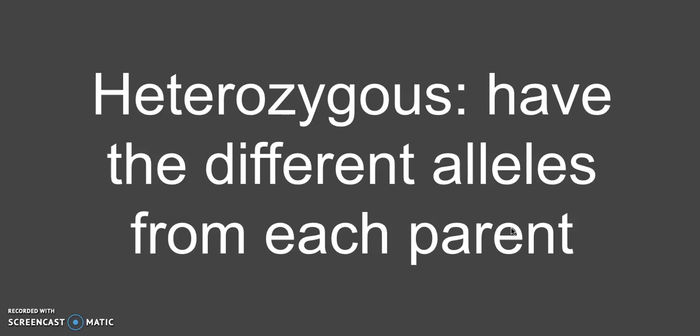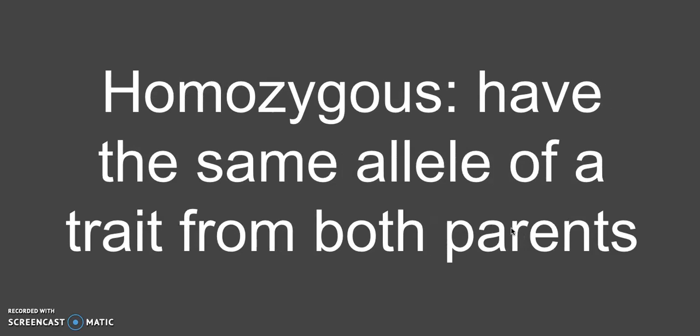This would be a heterozygous state. So homozygous means having the same alleles, and heterozygous means different alleles. People can be homozygous for both dominant and recessive traits, and we're going to see that in an example in just a minute.